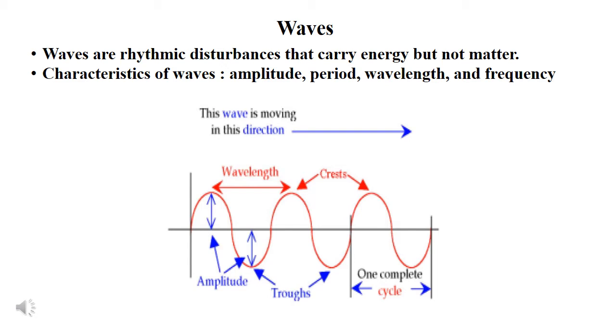Wavelength, represented by lambda, is the distance between the crests of one wave. And the frequency is the number of oscillations or cycles in 1 second. This is why we say that the frequency is represented by cycles per second or hertz, because the SI unit of frequency is hertz.